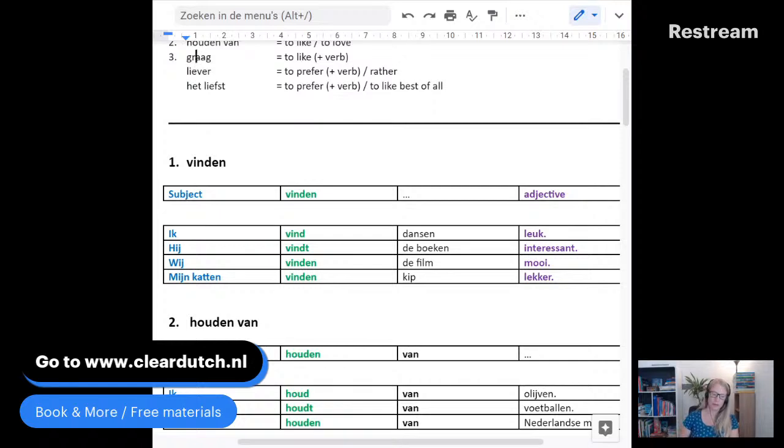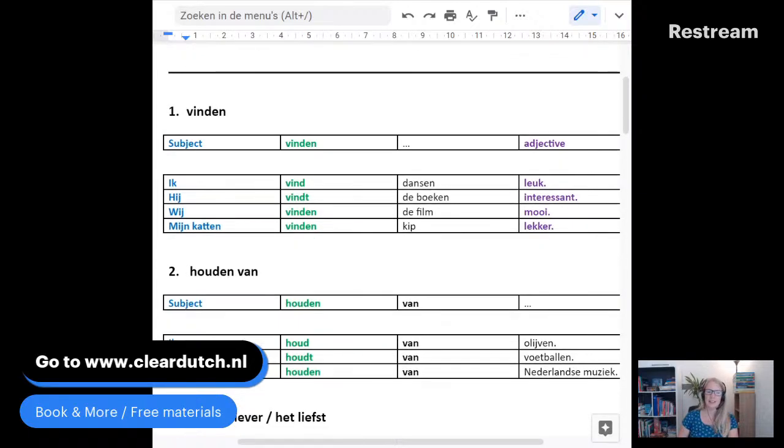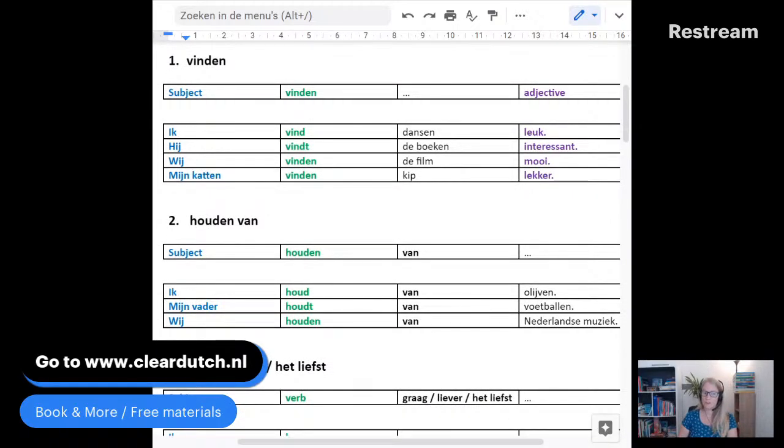Another option to say I like, or even stronger, I love something, I'm really fond of it, is using the structure houden van. Here the verb is houden. Van is a preposition. Prepositions are those short words like van, in, op, naar. And this verb only means to like or to love if you use it together with van.